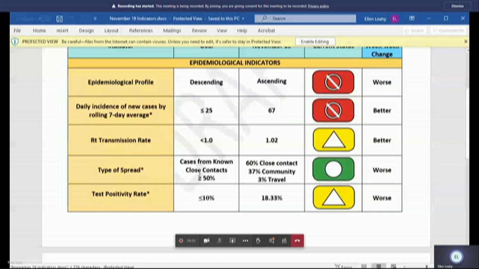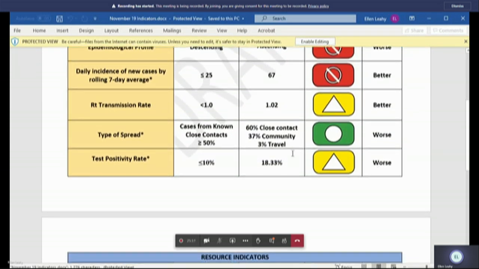And the Harvard Global Institute goal for that is that at least half of our cases need to be identified in that fashion, as opposed to just community or unknown spread. And we have remained in the 60% or greater. Just in this last week, we dropped to 60%, but we're still in the green on that, even though we're worsening a bit.